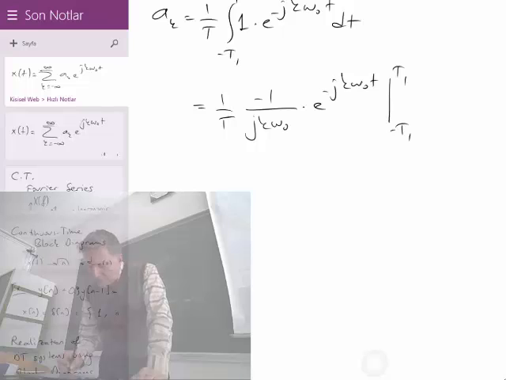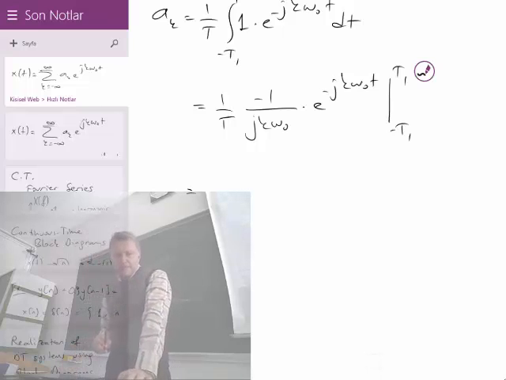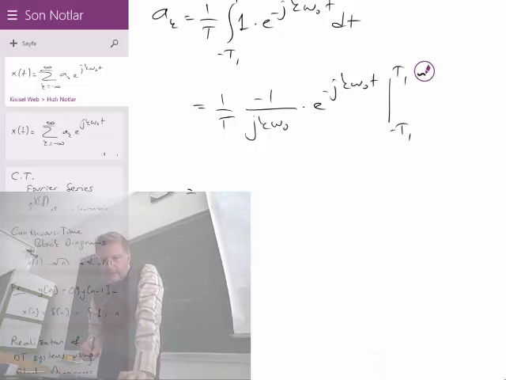Let's try to be more precise. This is equal to, there is a 1 over j term coming here, and in one term we have a negative exponent, in the other term we have a positive exponent.